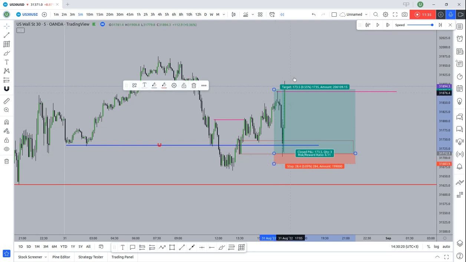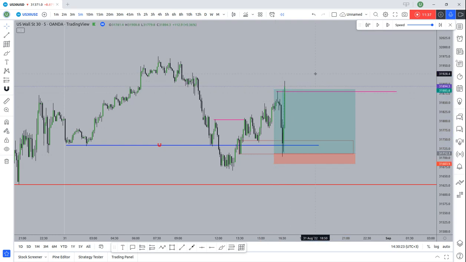All right. You cannot be guaranteed to have 1 is to 6 every time you make a trade. My minimum is 1 is to 3, but I'm okay if I get 1 is to 2. All I don't want to get is 1 is to 1, but 1 is to 2, 1 is to 3 is fantastic. Above 1 is to 3, 1 is to 4, 1 is to 5, 1 is to 10, that is really good.